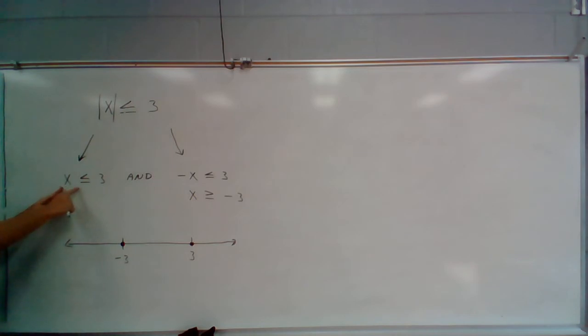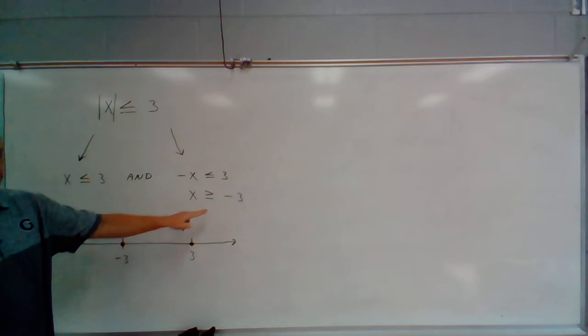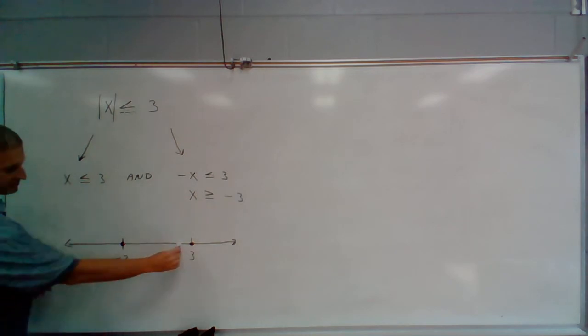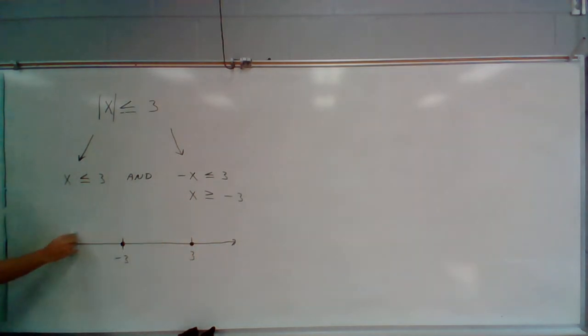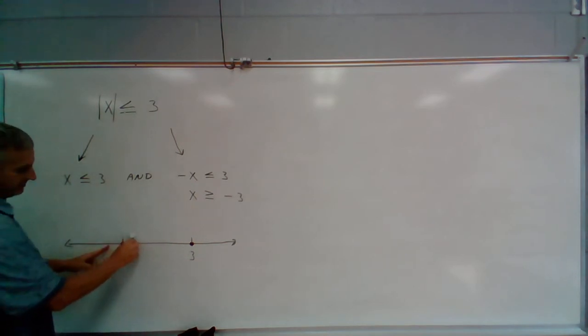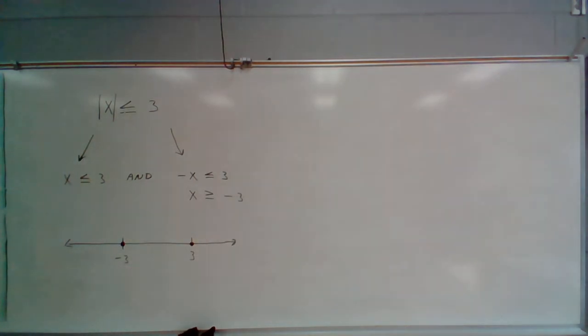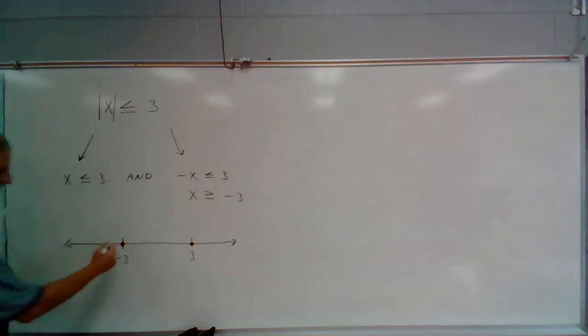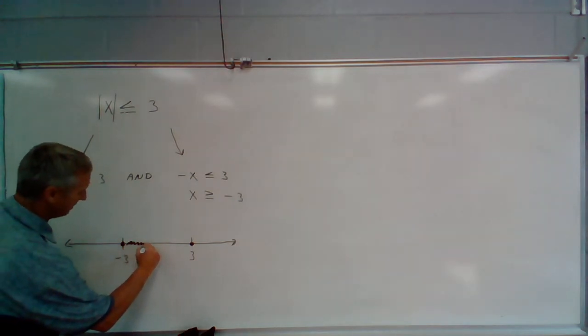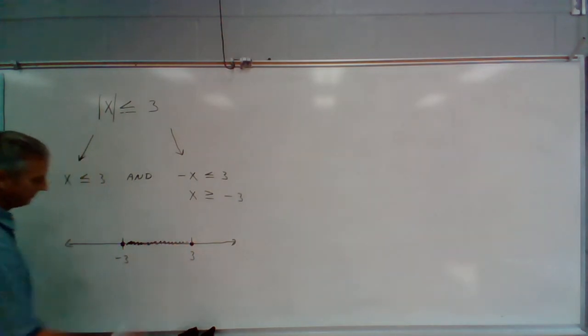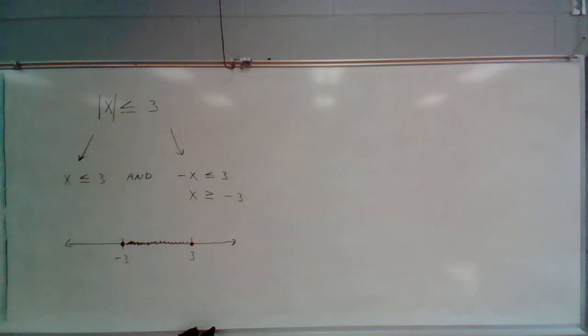So all the x's that are both less than 3 and greater than negative 3. Numbers less than 3 are these numbers all the way out this way forever. Numbers that are greater than negative 3 are all these numbers out this way forever. But which numbers satisfy both of those conditions? It's the numbers in between negative 3 and 3.